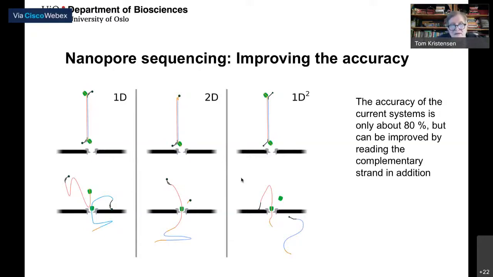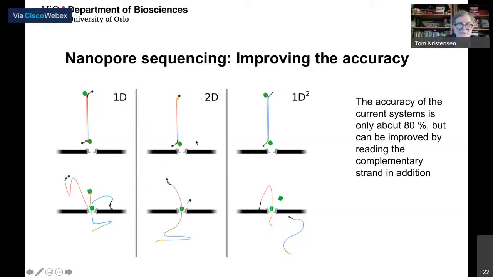But like the Parkview group, they have implemented some variations in the system to improve the accuracy. This is what they call a 1D instrument, where a single strand is passed through once and read, with an error rate of maybe up to 20%.